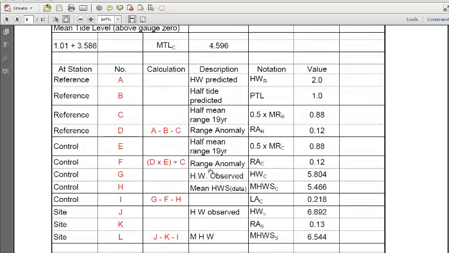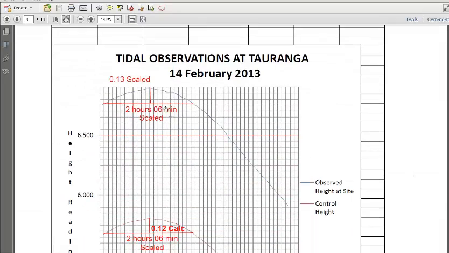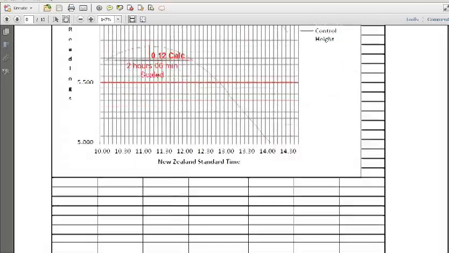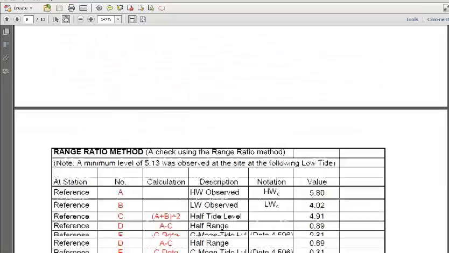The only thing that happens is once we have determined our range anomaly here at the control station and go up to our graph to scale away, when we scale it back into the site we get a slightly bigger time and we get 0.13, a slight difference in our range, or what we're calling our range anomaly.